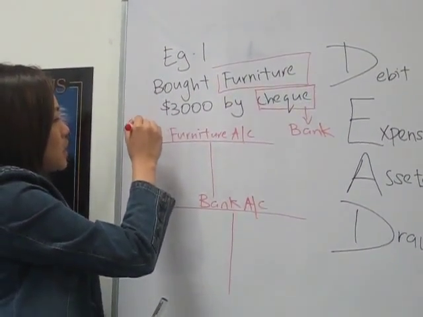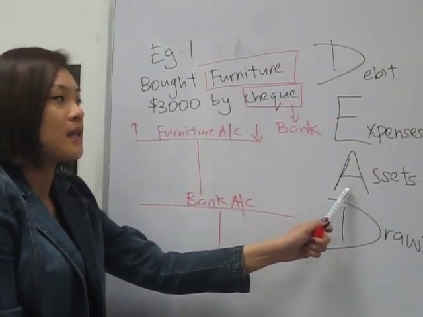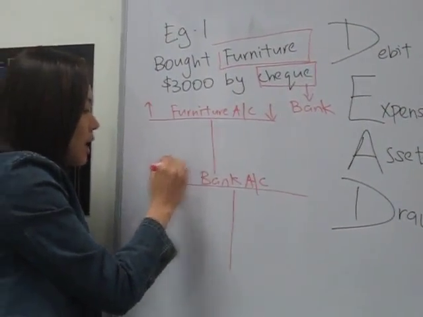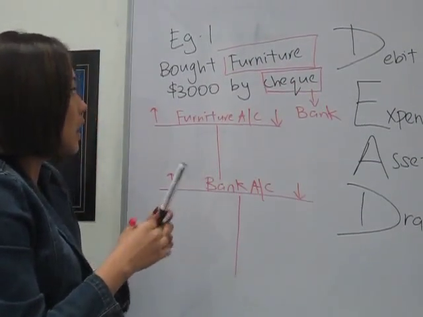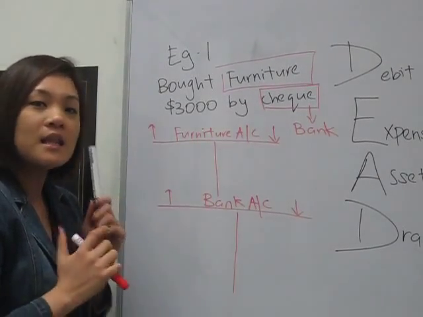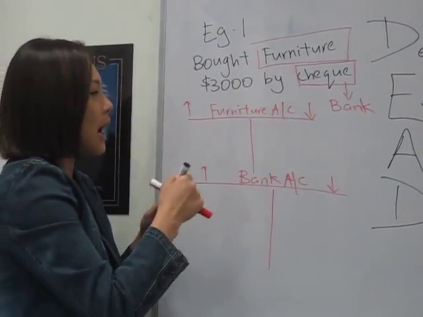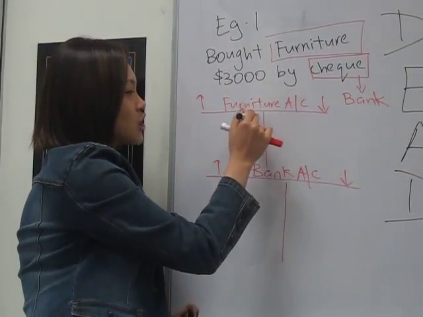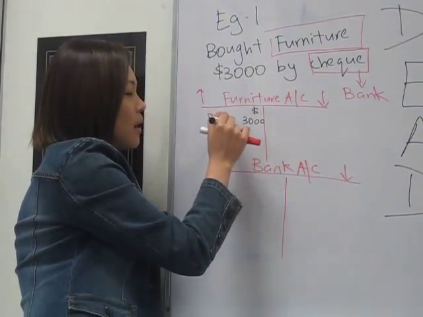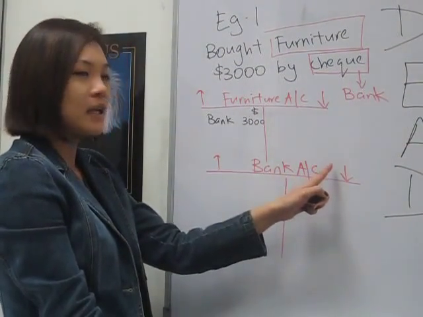So I will establish my arrows. Bank is also an asset. Asset increases on the debit side, so it goes up, goes down. If you bought furniture $3,000 by check in the business, there will be more furniture. Therefore, I will debit the furniture account 3,000. And my bank account represents money up, money down.